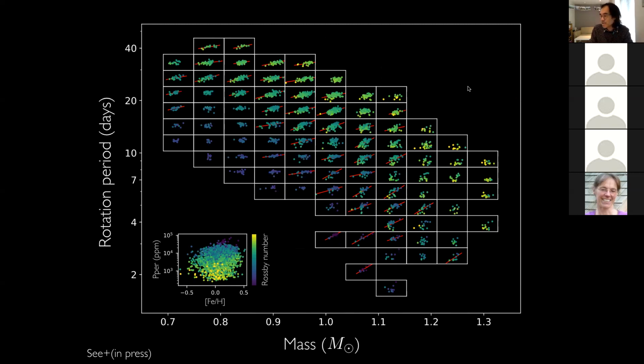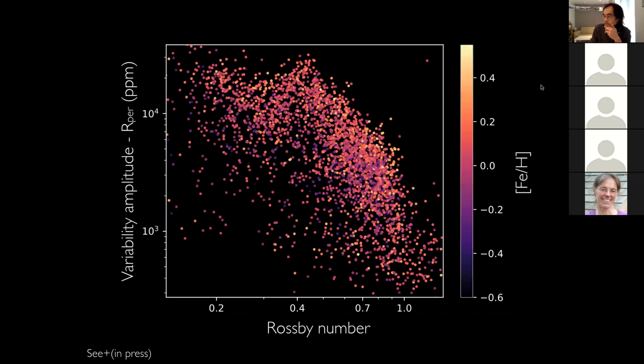Okay, and to understand why that's happening, we can come back to the variability Rossby number plot. So the first region is this region here, the low Rossby number region, where we have this kind of dip, and then the second region, the high Rossby number region, is here, where we have a lot of scatter.